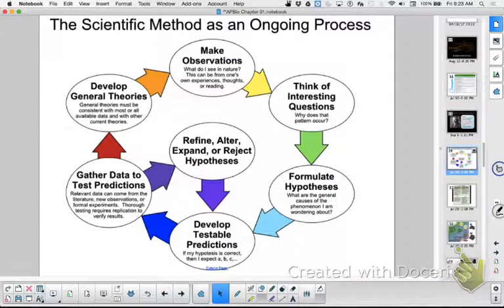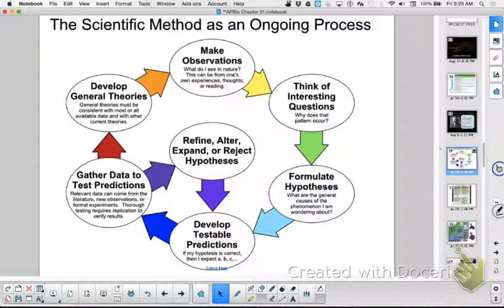The thing about science is it's not once and done. It gets done again and again by other scientists, and it continues to get refined until you have some consensus on an idea, and then you might have a theory.